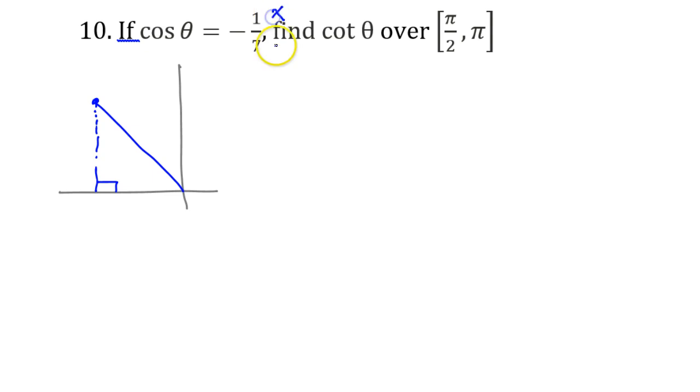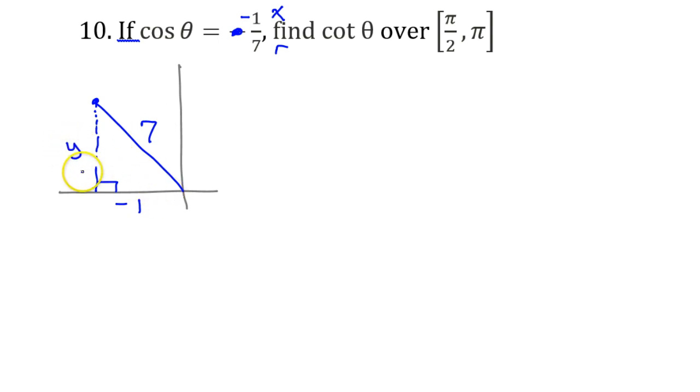Cosine is x over r. And I need to decide which one of these is actually negative, the 1 or the 7. The radius is always positive, so we know that it must be the 1 that is negative. So we have a negative x value, all right, negative 1 x value. The radius is 7, all right, the radius is always positive.